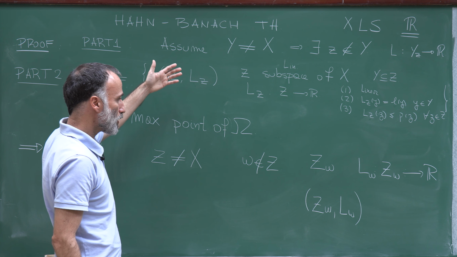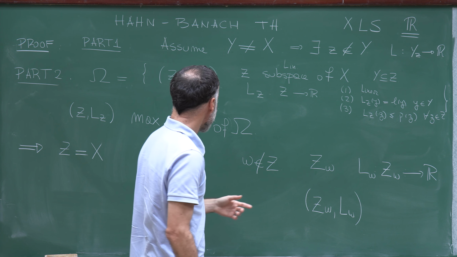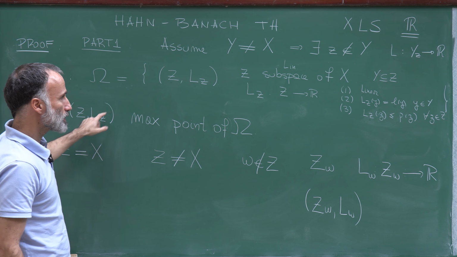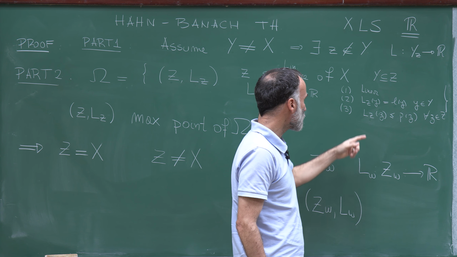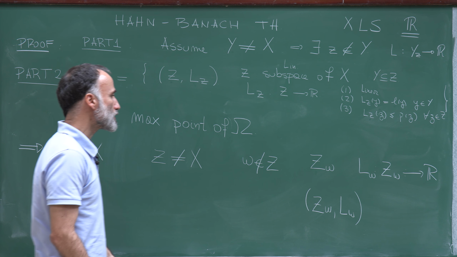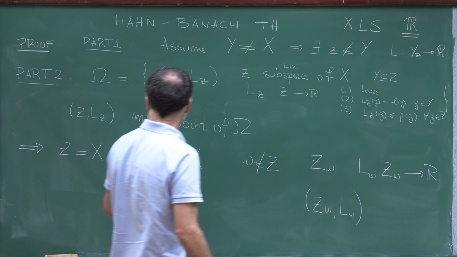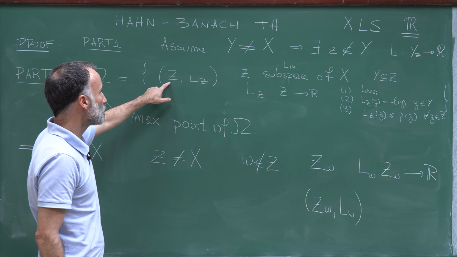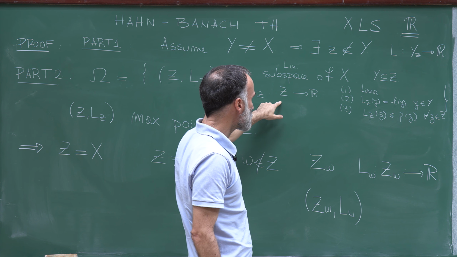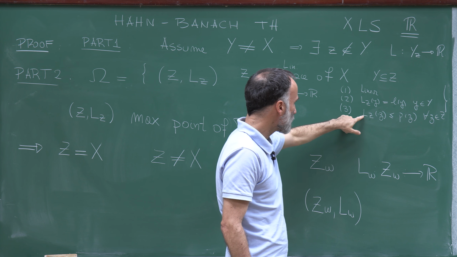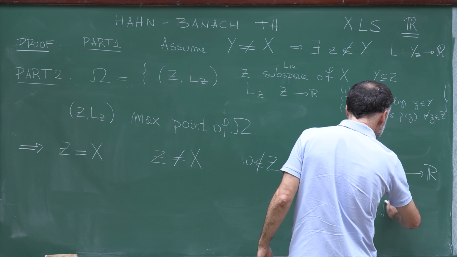Well, this is what part 1 tells me, right? Part 1 tells me that since L_Z satisfies these three conditions, the new L_W, which I constructed in part 1, also satisfies these three conditions. And therefore, Z_W is a linear subspace of X. L_W is a linear functional, which is an extension of L, and which is bounded by P. So this point, Z_W, belongs to omega.